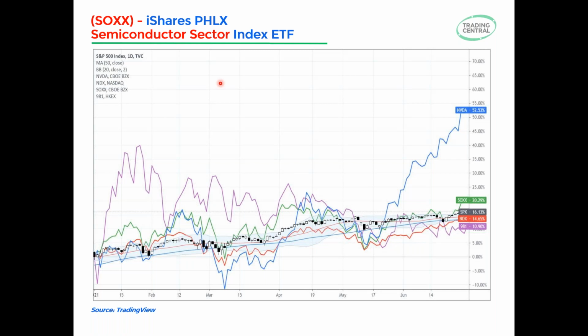I have noticed this sector for some time. Why? Because every time I see the technology sector, Nasdaq 100, rise, the semiconductor sector just rises much more.